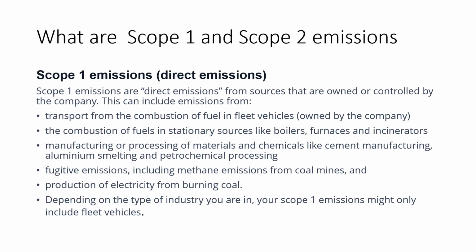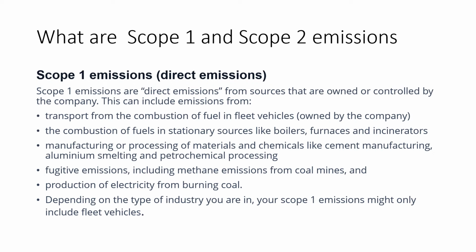So now we are just going out of the format just to understand what is the scope 1, 2 emission. Scope 1 is direct emission. As I told you, it can come out from your fuel used by your fleet vehicles, or from your boilers and furnaces and incinerators, or during the manufacturing or processing of materials and chemicals like cement manufacturing, aluminum smelting, petrochemical processing, fugitive emissions including methane emission from coal mines, and the production of electricity from burning coal.